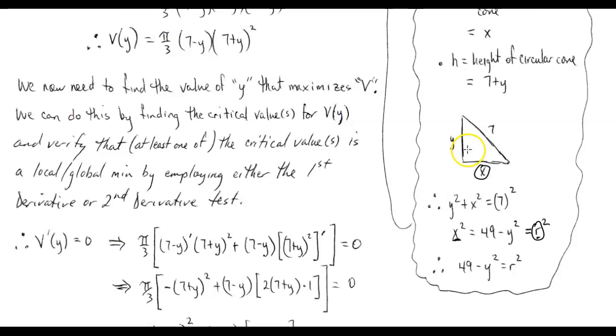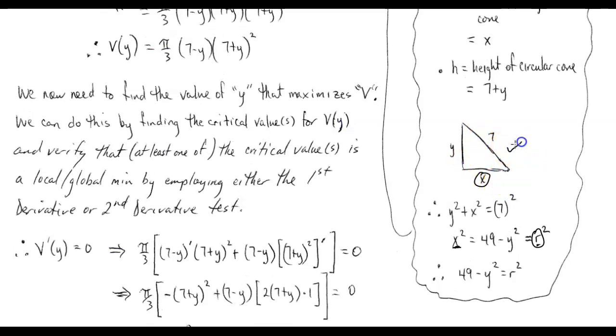That's the same thing as x in this right triangle here. So with that, I just use the relationship between the 3 sides of a right triangle to figure out the radius squared, or x squared, in terms of y.